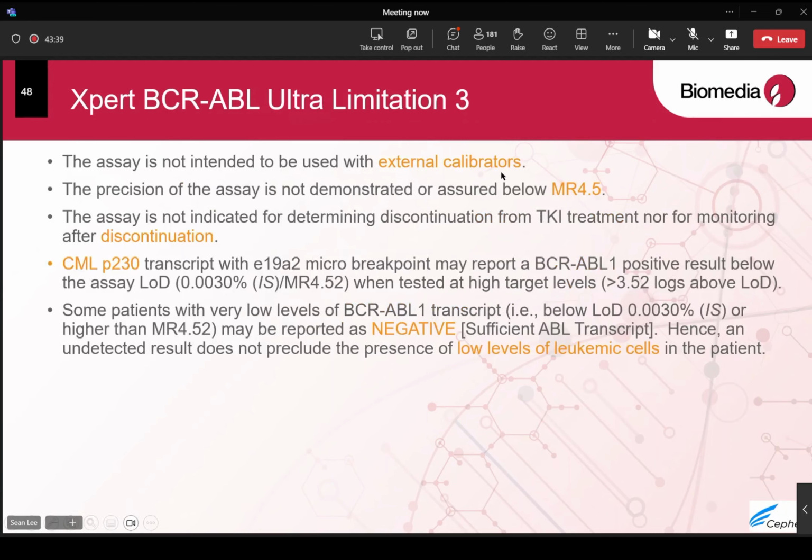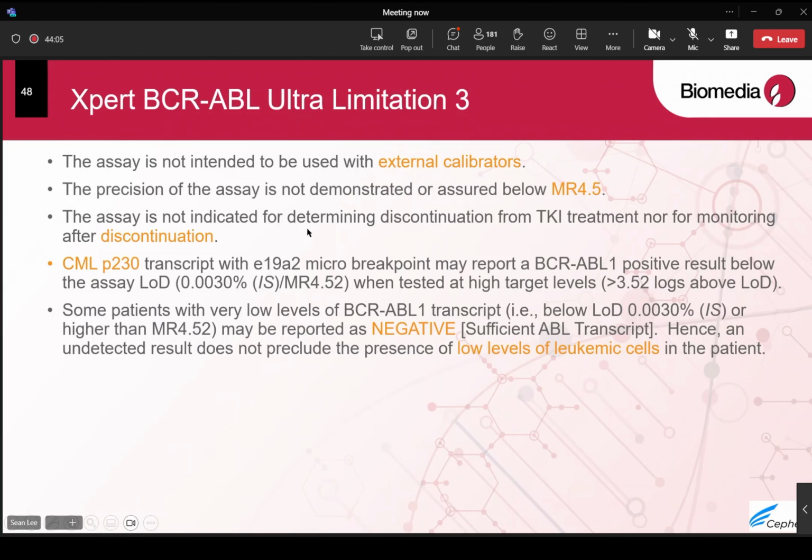Do not use this with external calibrators. The precision of the assay is not demonstrated or assured below MR 4.5, so the accuracy will be even lower below MR 4.5.